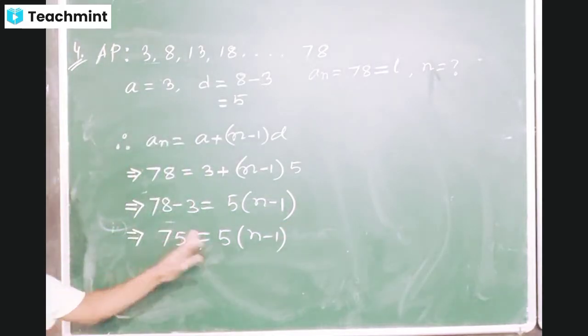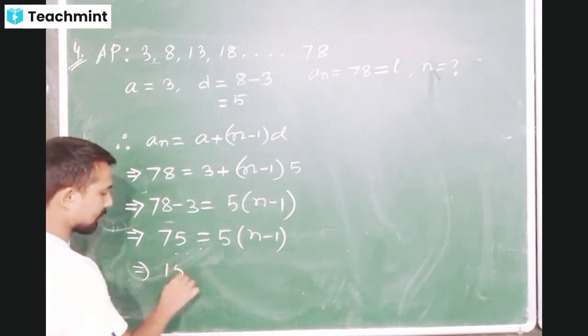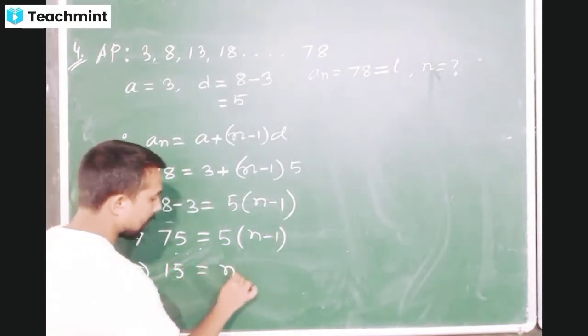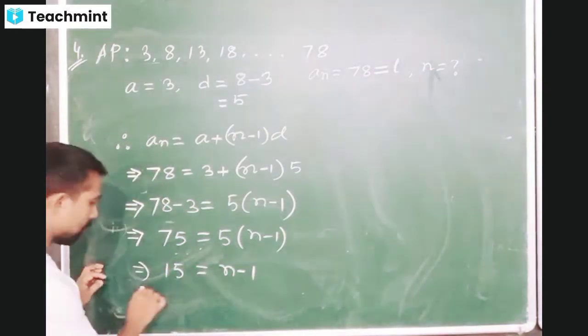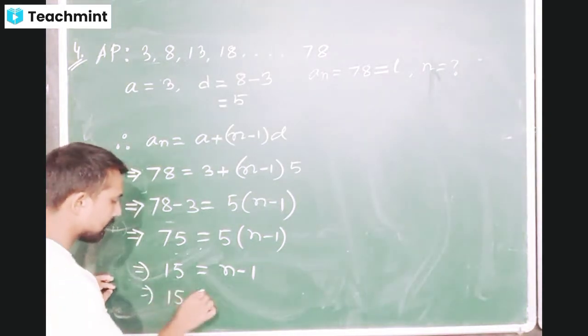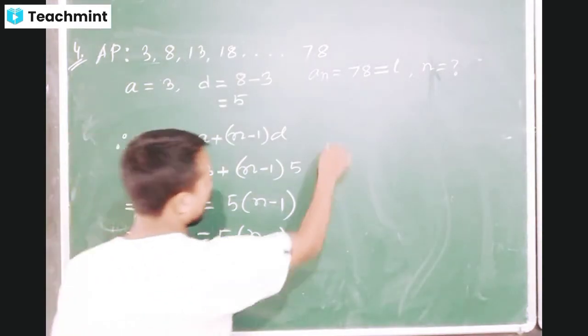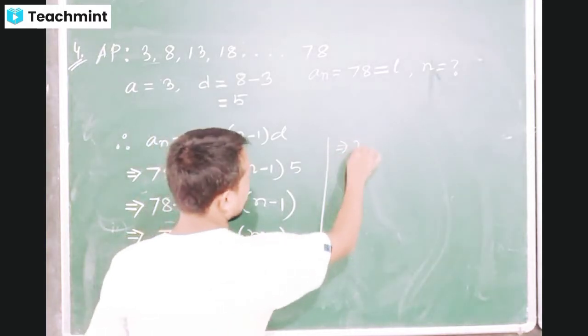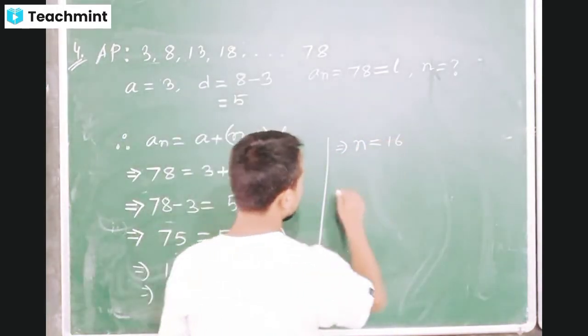Both sides cancel by 5. Then 75 divided by 5 is 15, equals n minus 1. So 15 plus 1 equals n, that is, n equals 16.